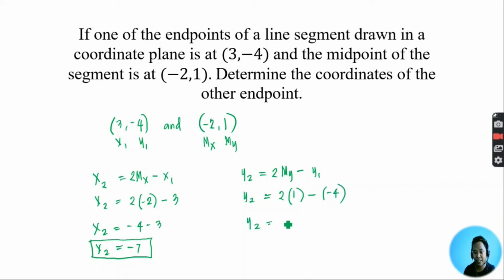So y sub 2 is 2 plus 4, and y sub 2 is 6. So the coordinates of the other endpoint is at (-7, 6).